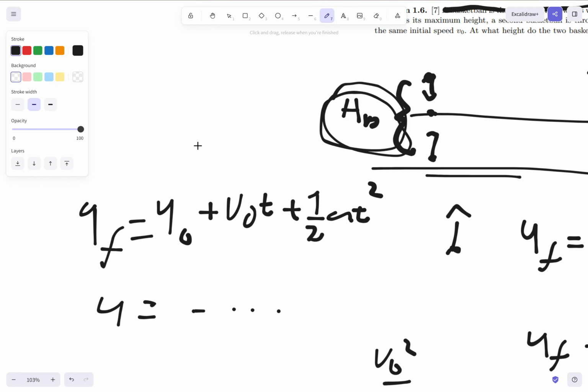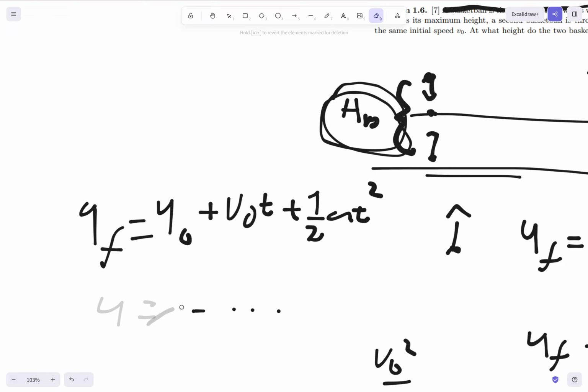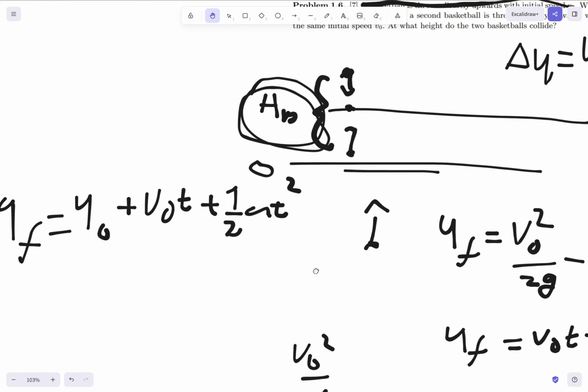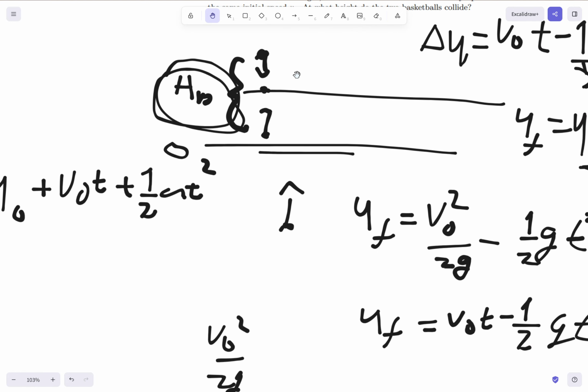I don't always emphasize that because most of the time you'll be starting from y initial equals 0, like for the ball released from the ground. But for this one, it has an initial position, so I need to emphasize that. Sorry if that confused anyone. I'll be happy to take any questions in the comments. I just want to help people out, honestly.